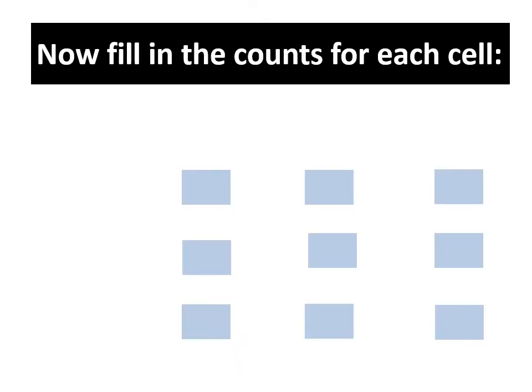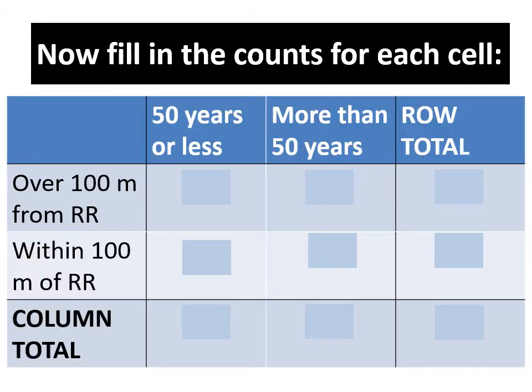Having made our table, we now want to fill in the counts for each of these cells. You can do this manually, which takes some time, or you can use some software to do it, which has the added benefit of being less likely to make mathematical mistakes where you space out and forget to count something.